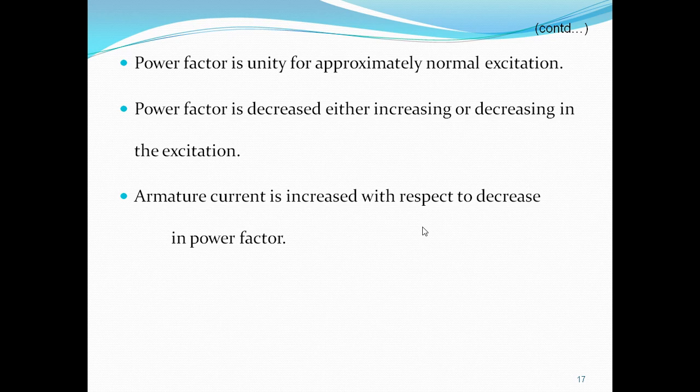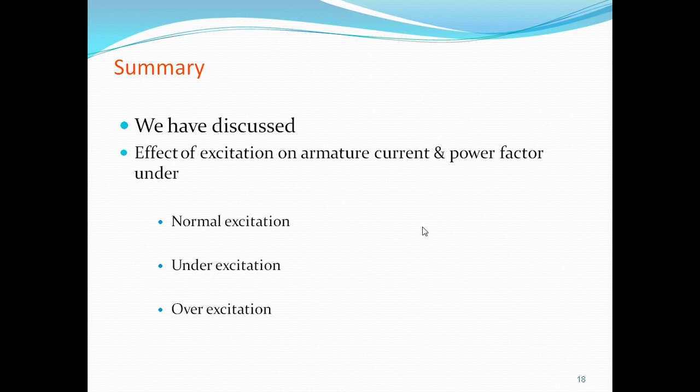Because the product of I into cos phi, current and power factor, is constant. So when armature current increases, the power factor decreases. So what we have discussed in this chapter is the effect of excitation on armature current and power factor at normal excitation, under excitation, and over excitation.